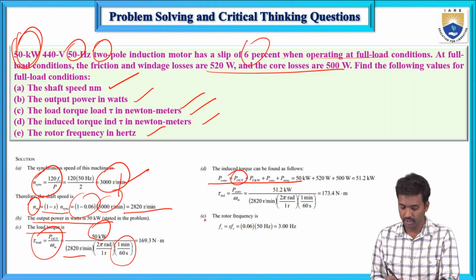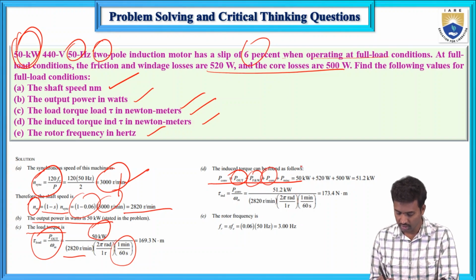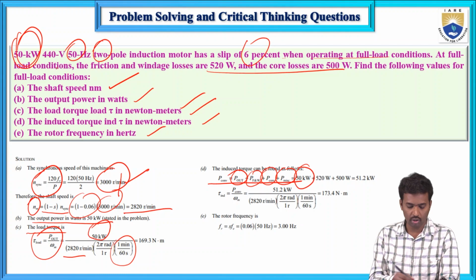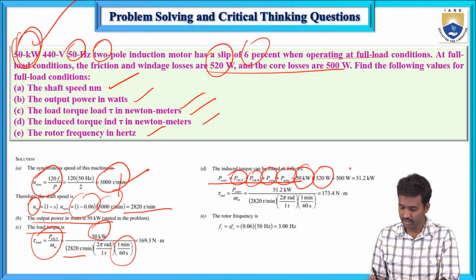And next, the power conversion equals P output plus friction and windage losses plus core losses, that is the mechanical losses. So this is the output, and this is the friction and windage losses, and this is the core losses.